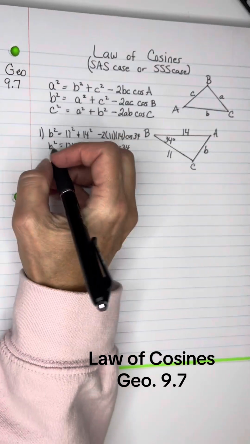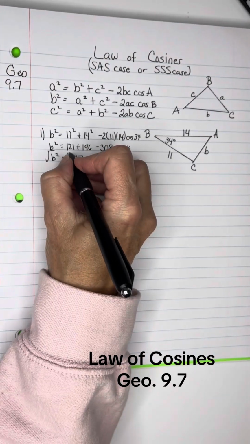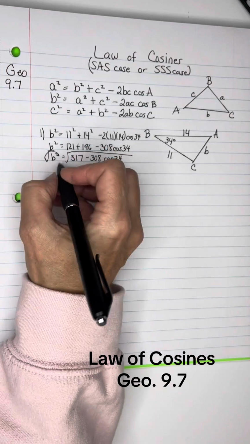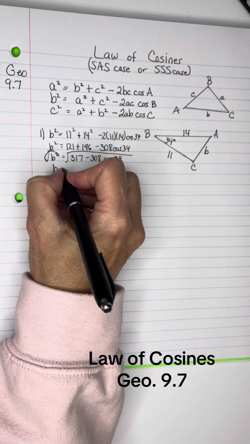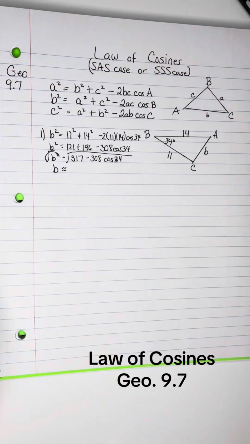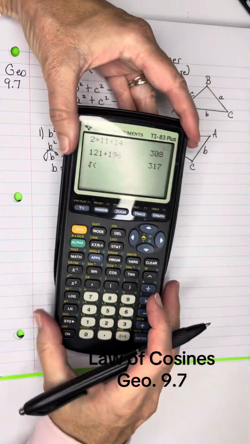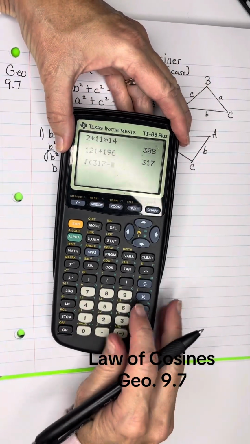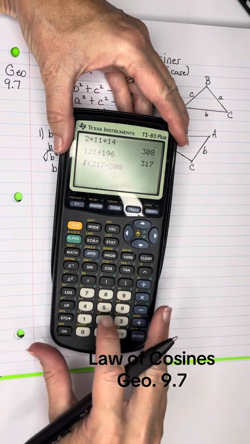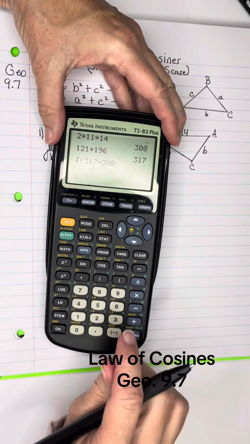We just need to get rid of the square by doing the square root of both sides. The square cancels the square root out. B is alone, and we're going to put all of that under the radical sign. So square root of 317 minus 308 cosine 34.